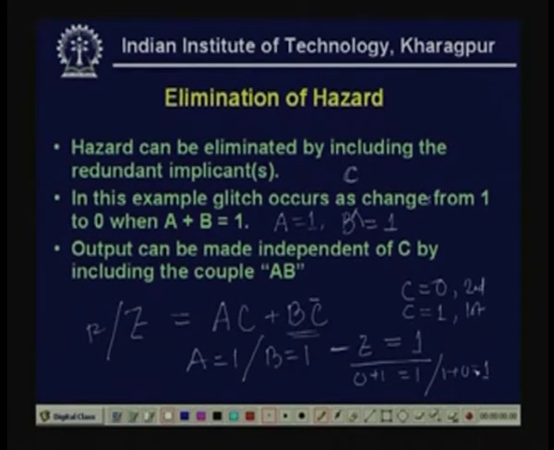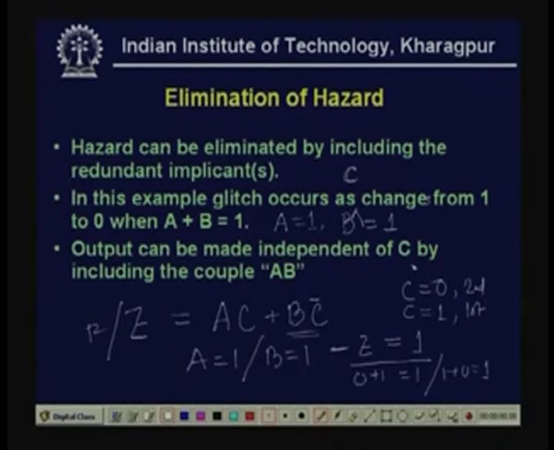So, whatever value C takes, 0 or 1, Z should be 1. That means it is independent of C. Now, this particular property we can utilize to make the circuit hazard free.